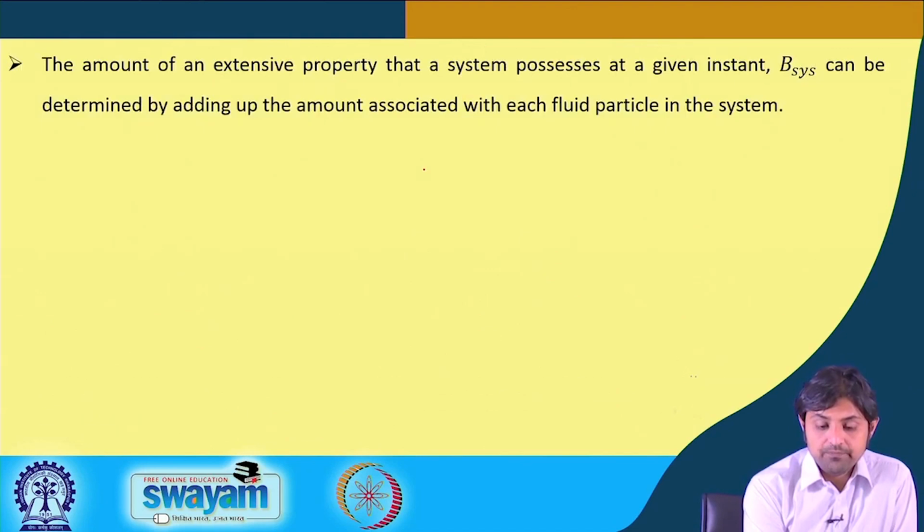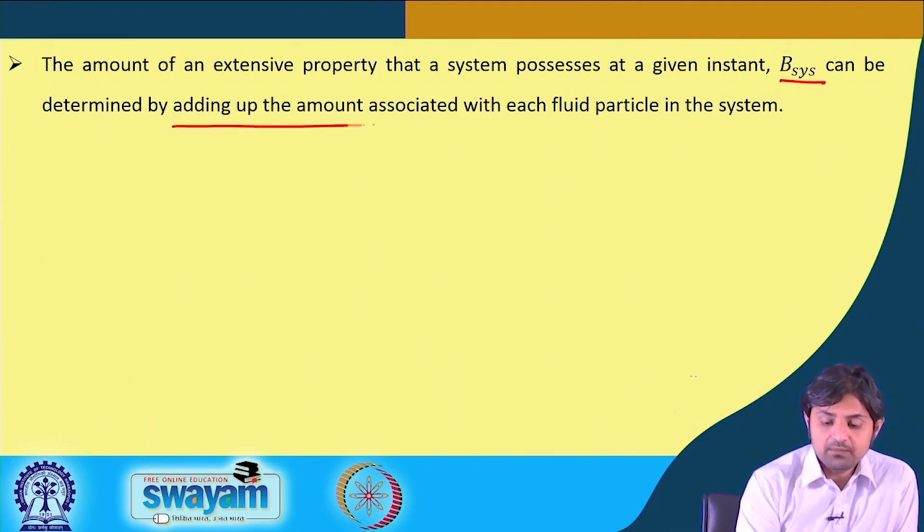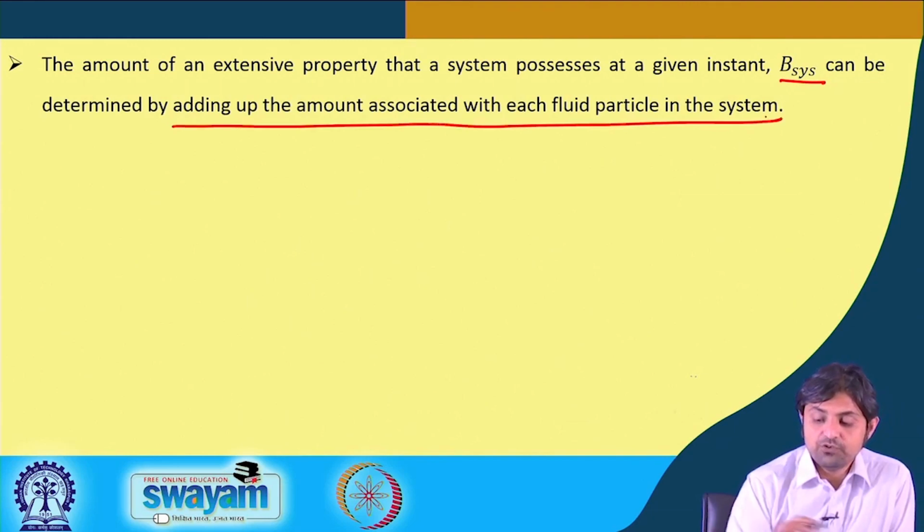The amount of an extensive property that the system possesses at a given instant, B sys, is the amount of the extensive property that a system will have at any given instant. And how can that be found out? It can be determined by adding up the amount associated with each fluid particle in the system. It is very simple.